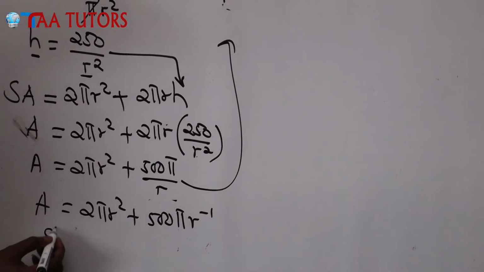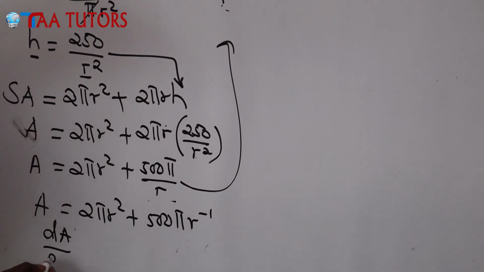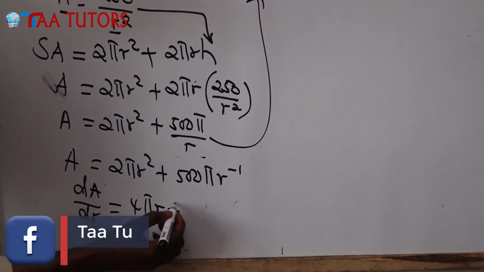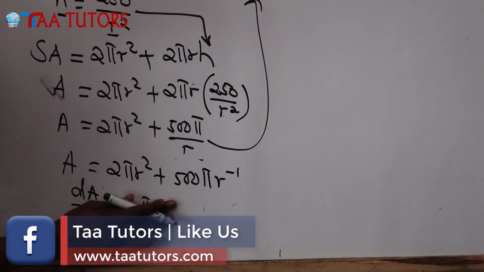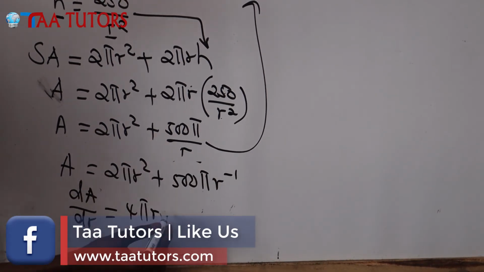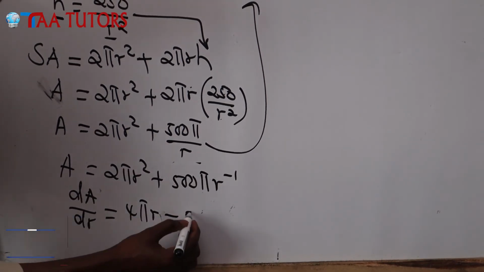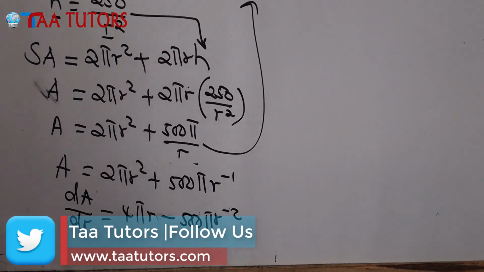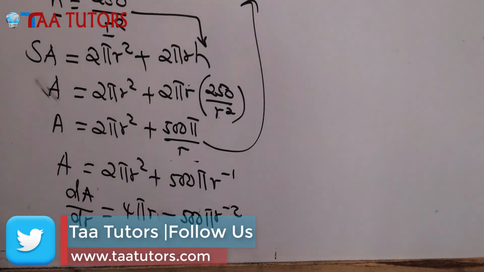So dA over dr will be 4 pi r plus, now minus, because the negative comes here, minus 500 pi r to the minus 2, because if we subtract 1 from negative 1, it will be negative 2.